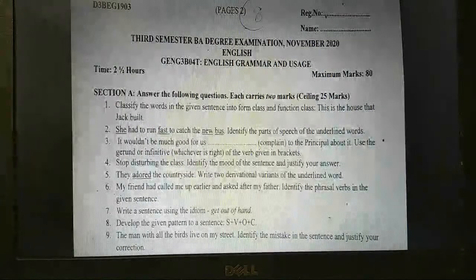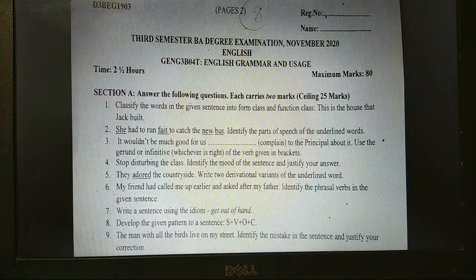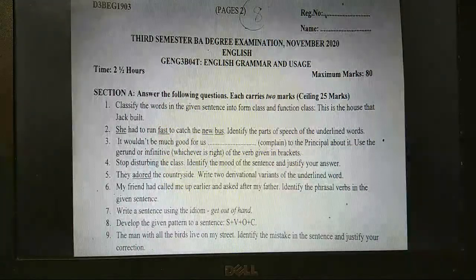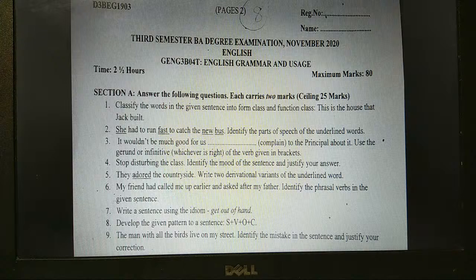So question number 2, you will write number 2 in the margin. You will write all the underlined words one by one in 4 lines. She hyphen pronoun. Under that, fast hyphen adverb, new hyphen adjective, bus hyphen noun. Now the third question. It wouldn't be much good for us, dash, within bracket, complain to the principal about it.